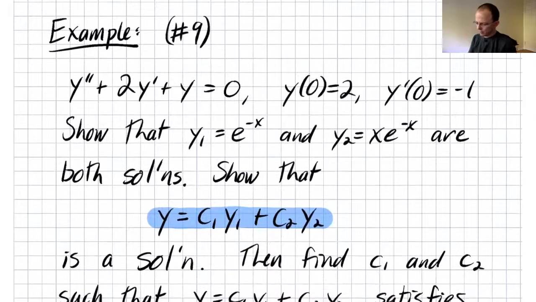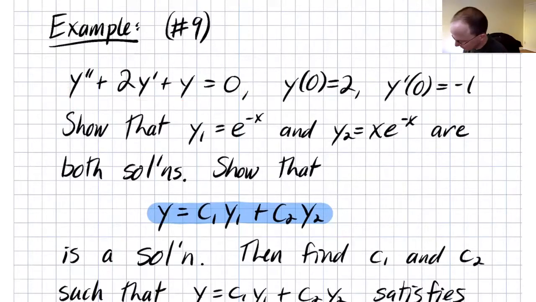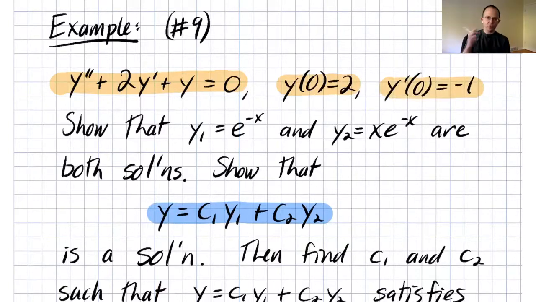Okay, so take, for example, this differential equation here. So maybe I'll highlight this. So there's our differential equation, and with these second order differential equations, we actually need two initial conditions. We need to know what the initial position is, and we need to know what the initial velocity is.